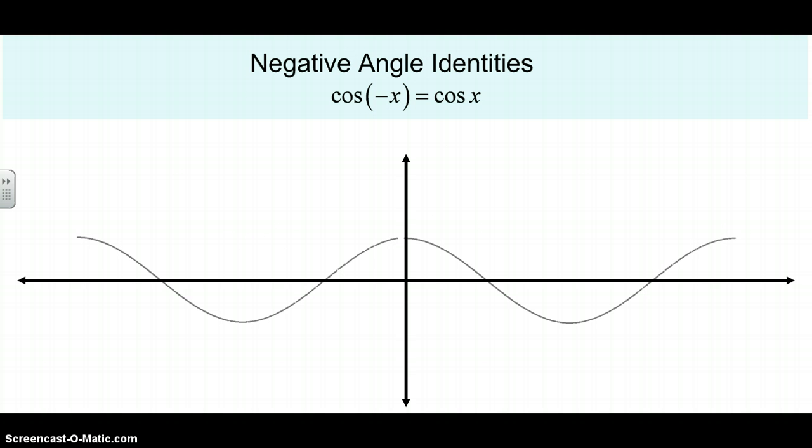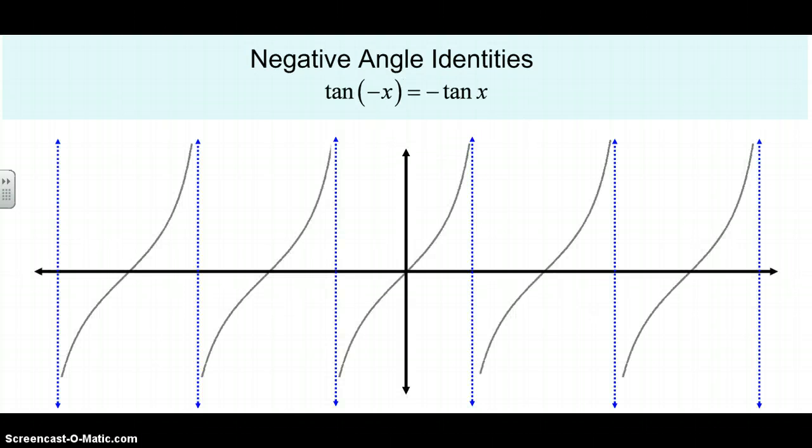You can also see this negative angle identity when we're looking at cosine of negative x equals cosine of x. If you notice, here's pi, and here is negative pi, and we can tell cosine of negative pi is equal to cosine of pi, and they're both 1, and that's going to continue to be the case for all other angles along that curve as well.